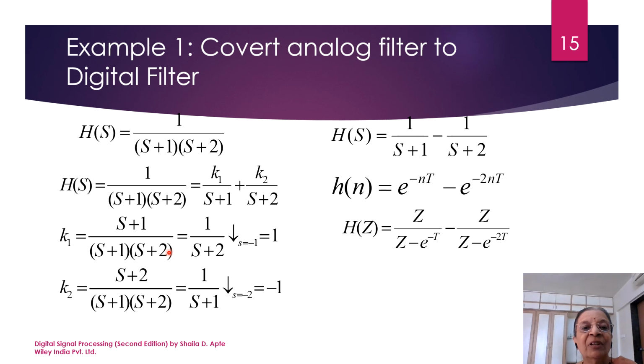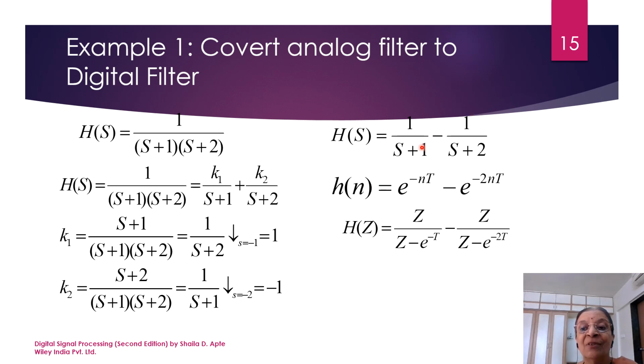Then we evaluate K1 and K2. For K1, we multiply by S plus 1 and evaluate at S equal to minus 1, so we get 1. For K2, we multiply by S plus 2 and evaluate at S equal to minus 2, so this becomes minus 1. After putting the values of K1 and K2, I get H of S equal to 1 upon S plus 1 minus 1 upon S plus 2.